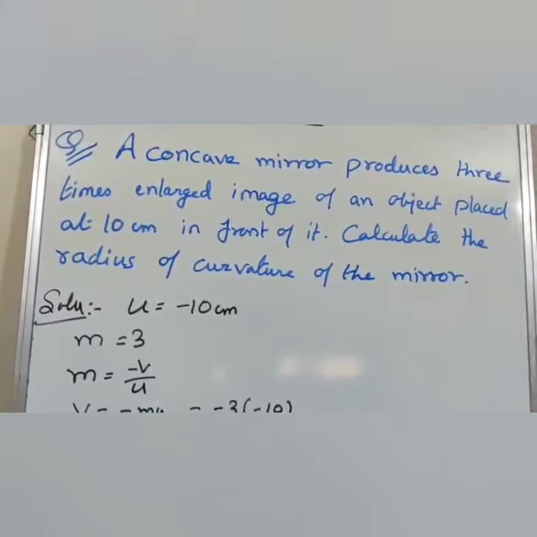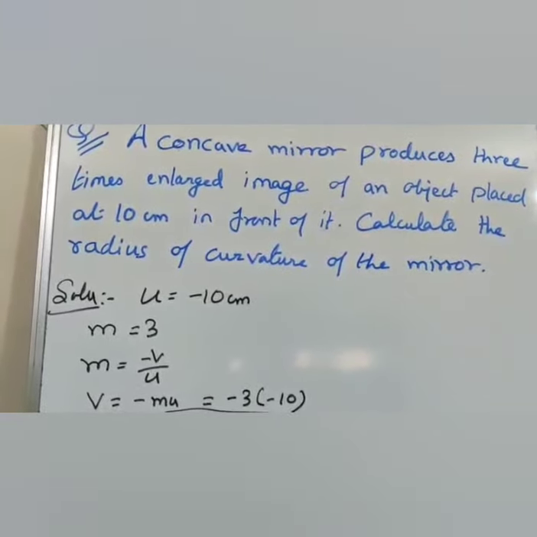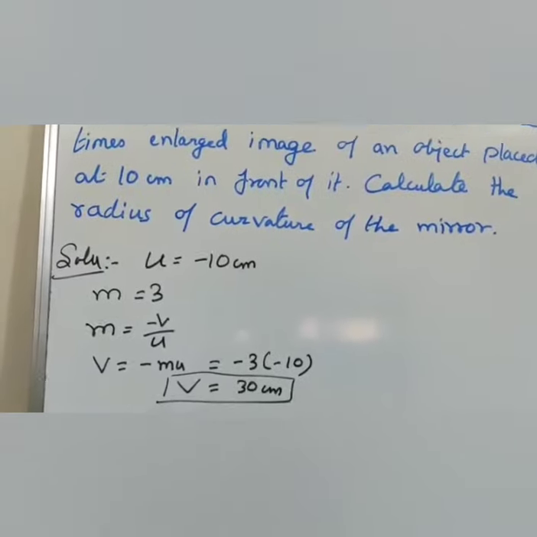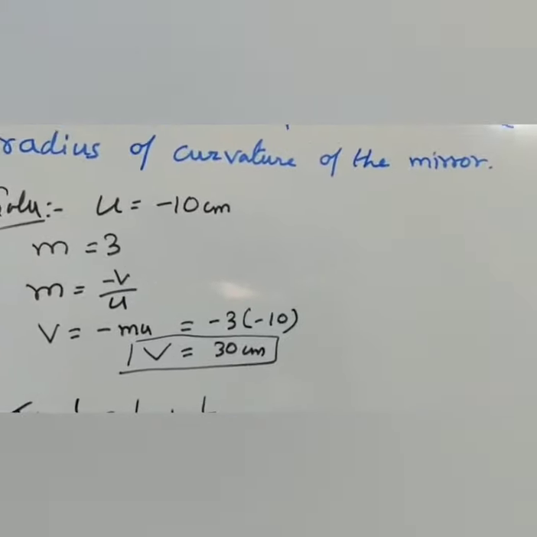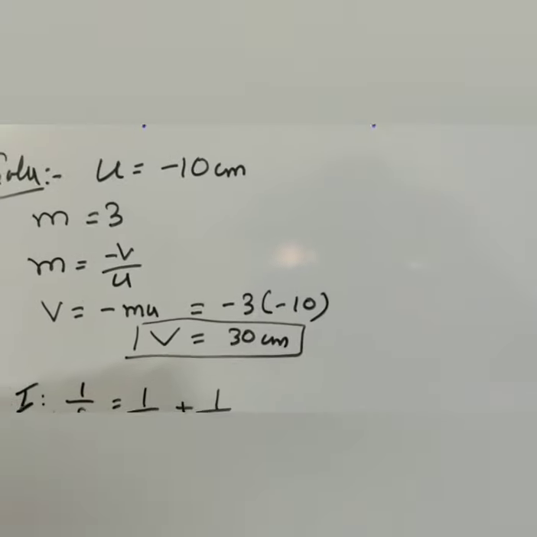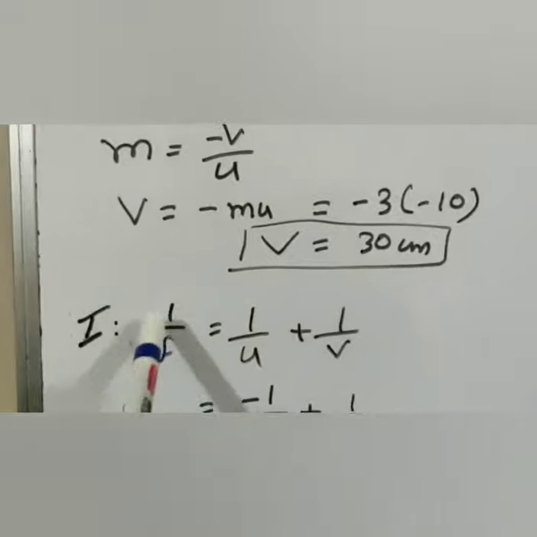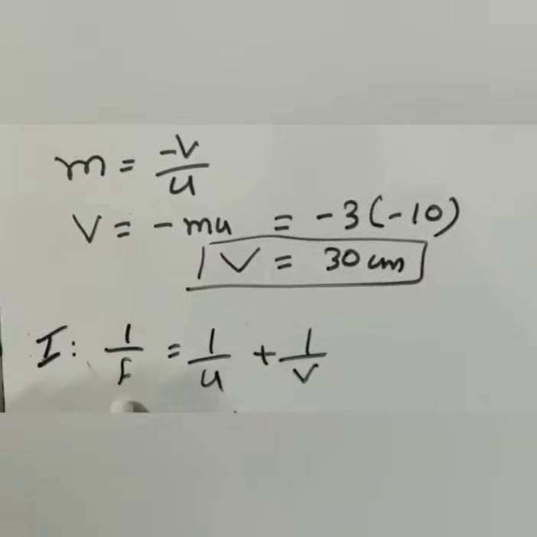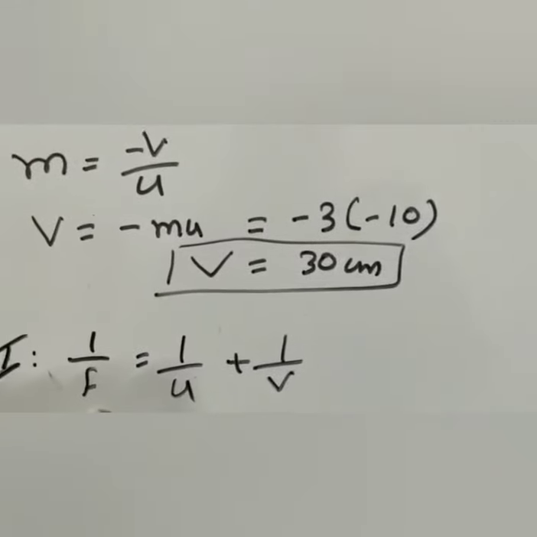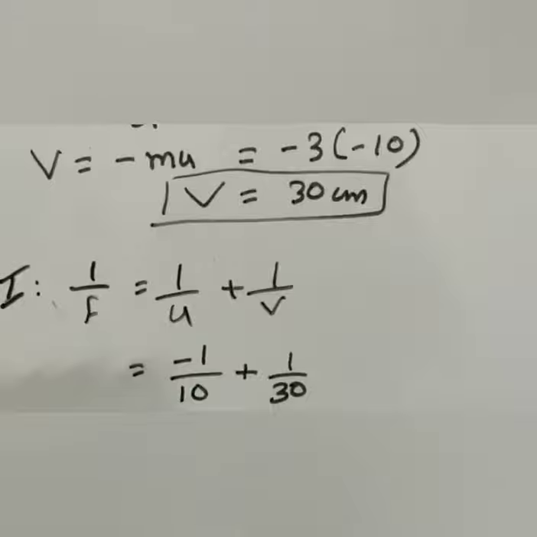So m equals minus v upon u. We will find the value of v. v equals minus m into u, minus 3 into minus 10, which equals 30 centimeter. We got v. Then 1 upon f equals 1 upon u plus 1 upon v, we have to find f. We know the formula r equals 2f. So first we have to find the value of f.